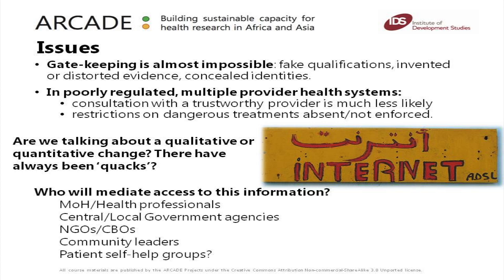Overall, we're living in a world where trust is a very slippery commodity, where knowing who can mediate access to this wonderful variety of sources of health information has become increasingly problematic.